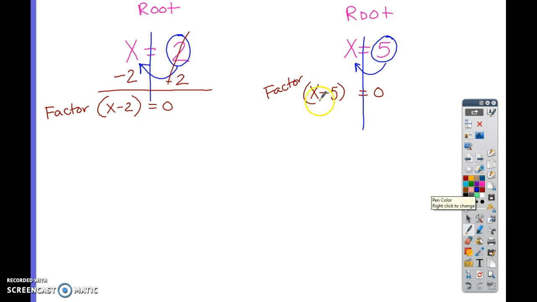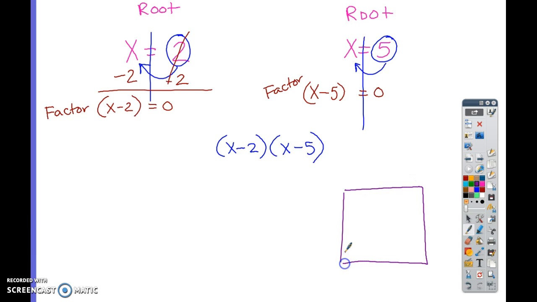So you need to take those two factors and multiply them. X minus 2 times x minus 5, and that would give you the quadratic equation. So remember how to multiply. You make the table. So you have x minus 2 times x minus 5, and you multiply them.